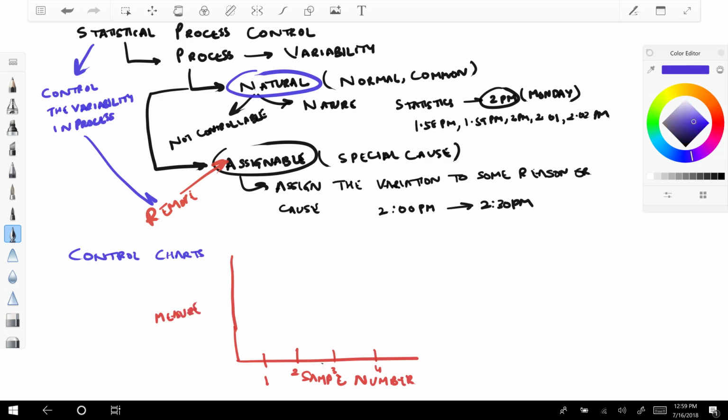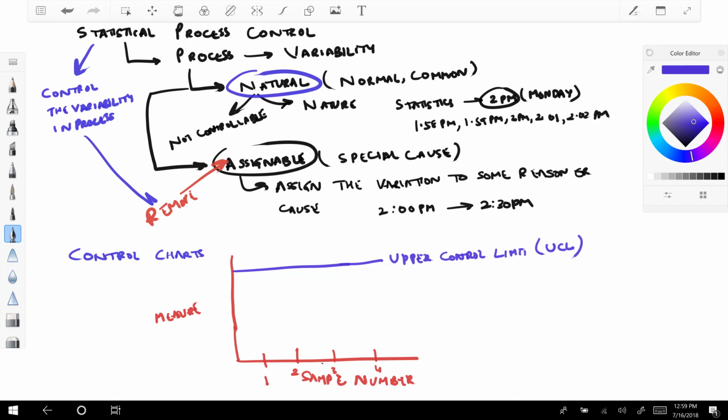A control chart will have an upper control limit, which we will represent by UCL.